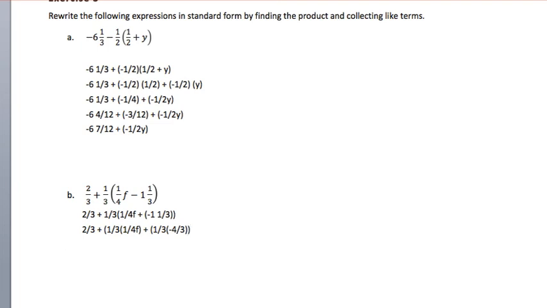And now we'll do some calculations. 2/3 plus 1/12 f. 1/3 times 1/4 is 1/12. Plus 1/3 times negative 4/3 would be negative 4/9.